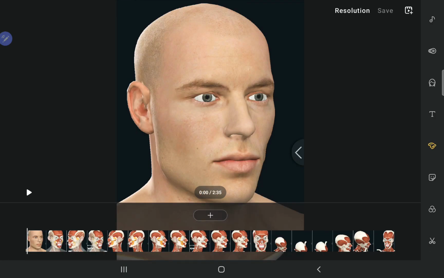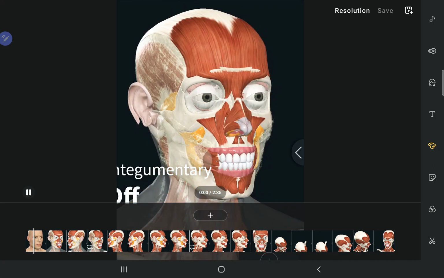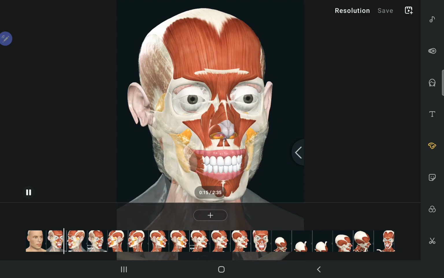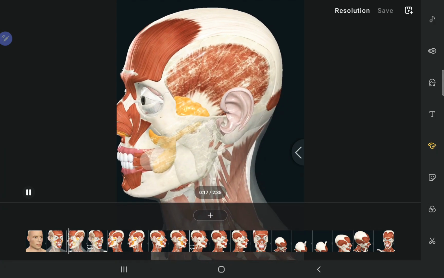Once you reflect the skin, you will find this superficial fascia. You can see this white color, guys, over here is the superficial fascia. So you need to reflect the superficial fascia. Once you remove the superficial fascia, you will find the temporalis muscle.